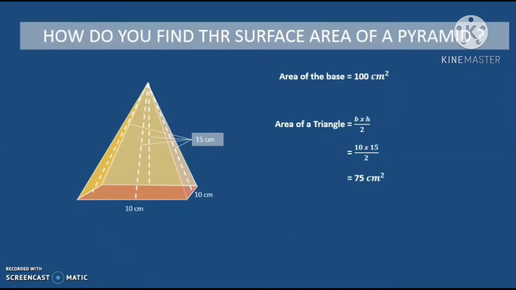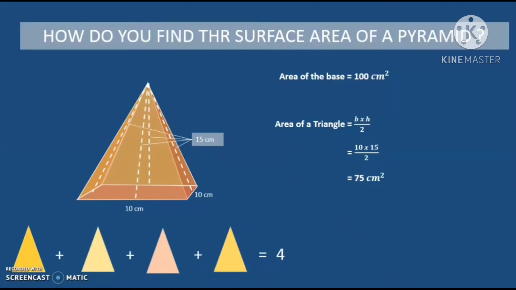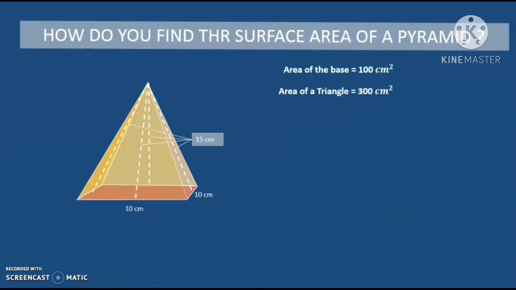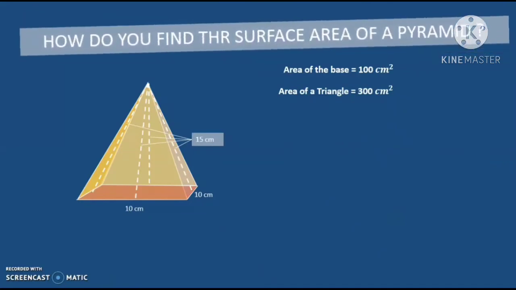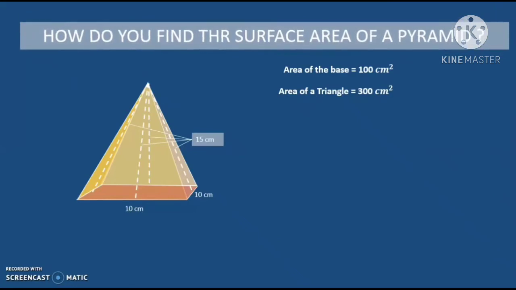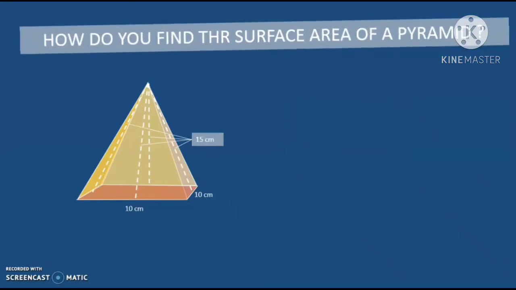Since this pyramid consists of 4 triangles identical in area, we multiply 75 times 4 to get 300 cm squared. Adding the areas we've calculated, 300 plus 100, gives us a total surface area of 400 cm squared.